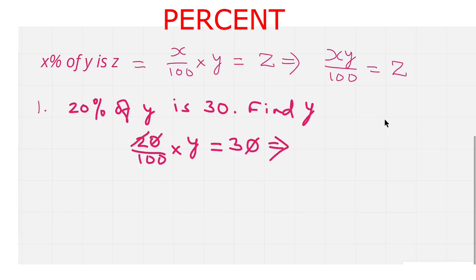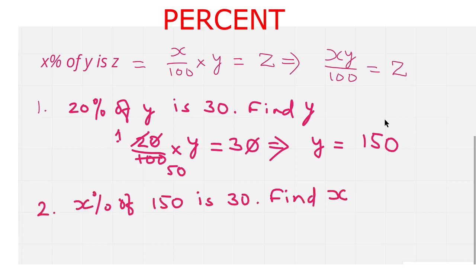We cancel 0 by 0 from both sides, and 2 divides 100 by 50. This way we get y equal to 50 times 3, which is 150. Thus, if we know x and z, we can get y.